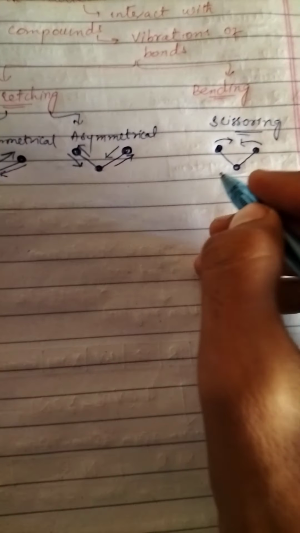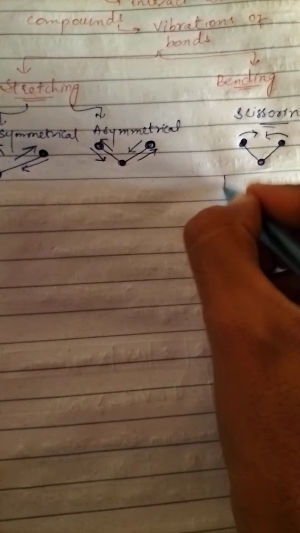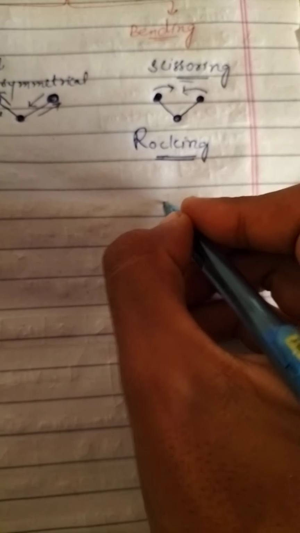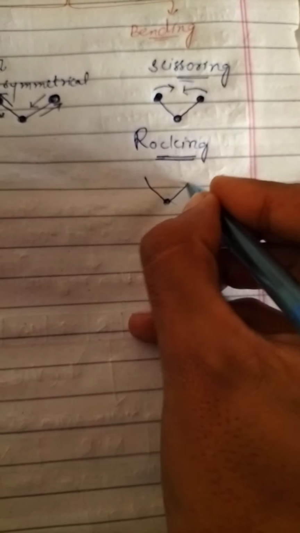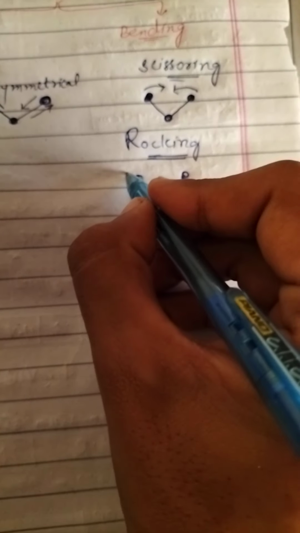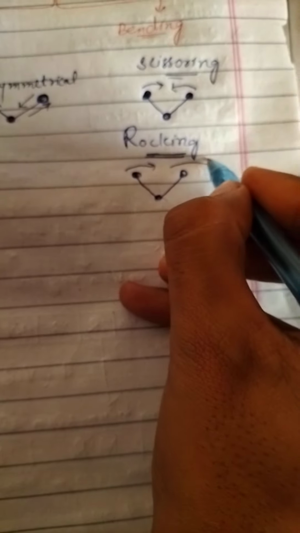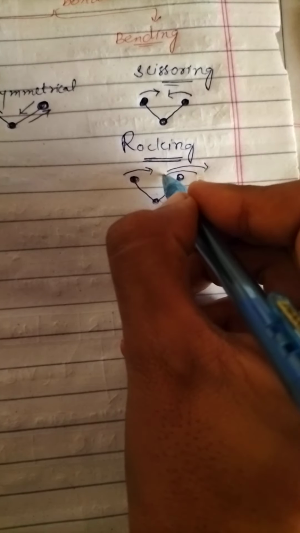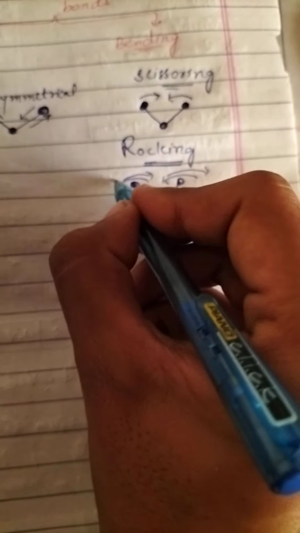The other is the rocking. In rocking, both the atoms which are attached with the one atom are moved in the same plane. If both are moved toward the right side, both are moved toward the left side. In the same plane, atoms move in this vibration mode.